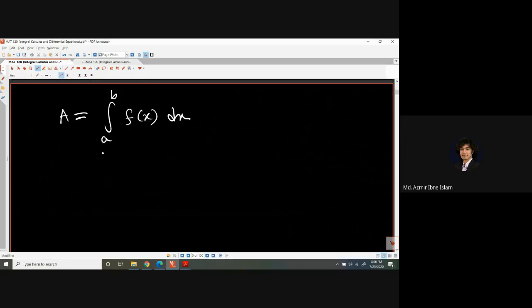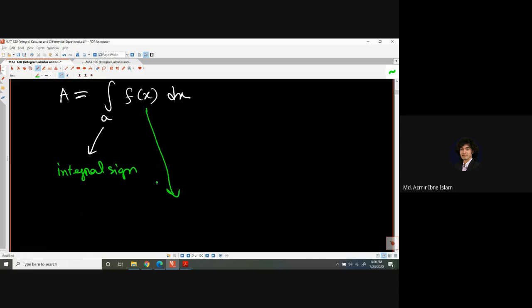Here this is called the integral sign. The function that we have here is the integrand, and we are integrating with respect to x.